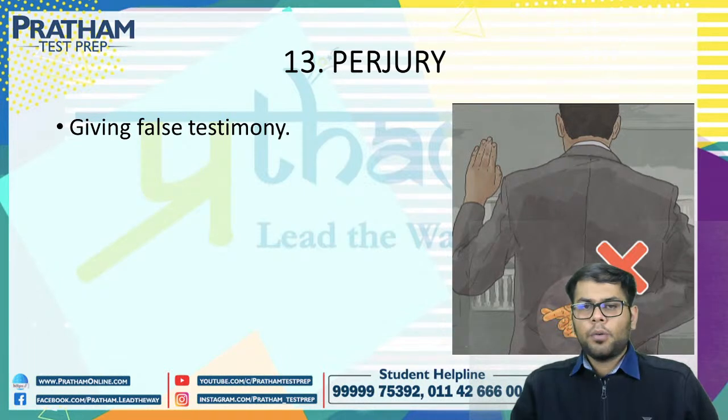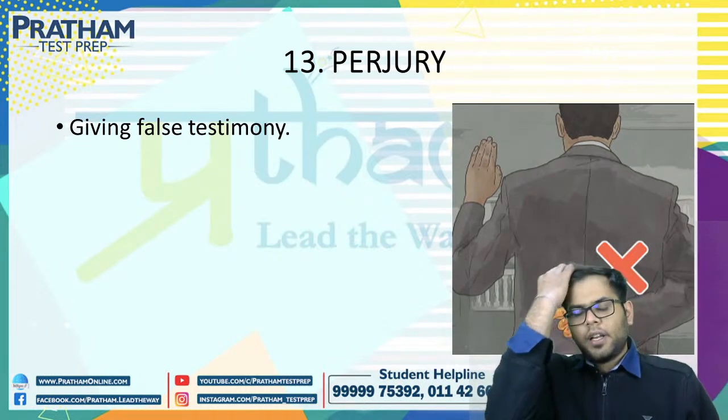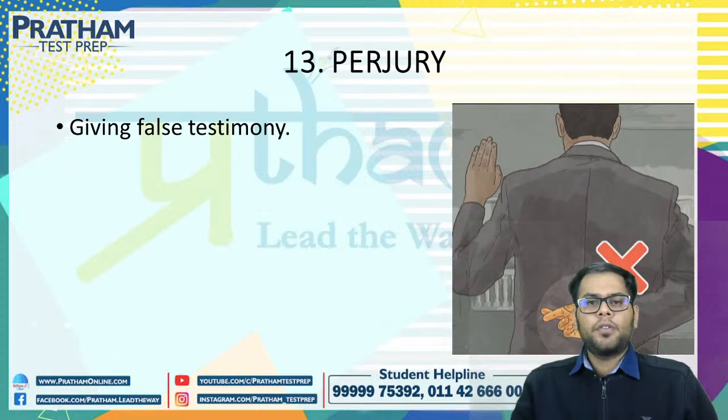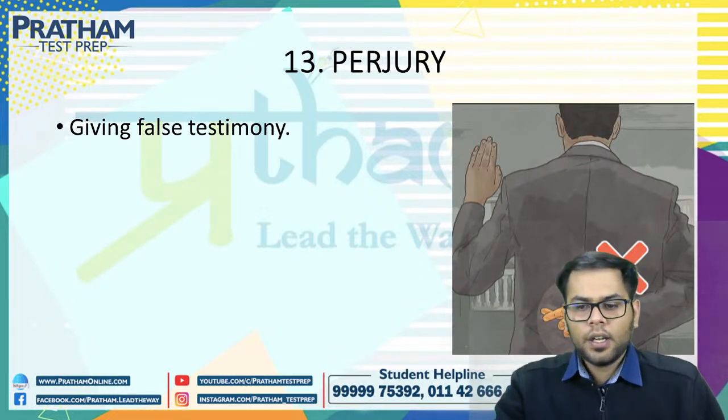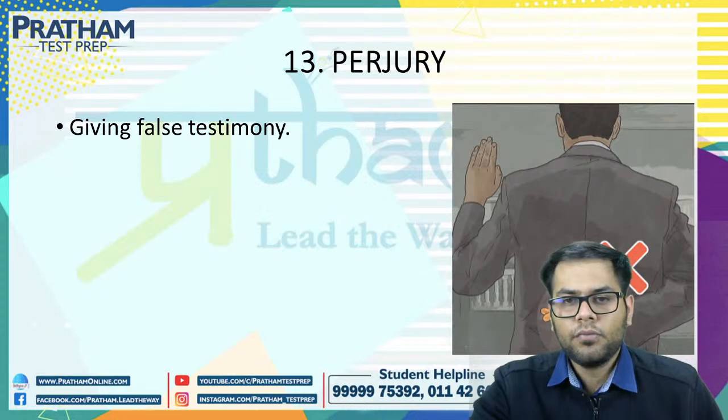Now, perjury is also punishable. If you're going to the court and giving a fake declaration or a fake testimony or a false statement, then you can be punished under the Indian Evidence Act because you've given false evidence, right? So perjury is also a crime, right? So giving a false testimony in the court is a criminal offense.